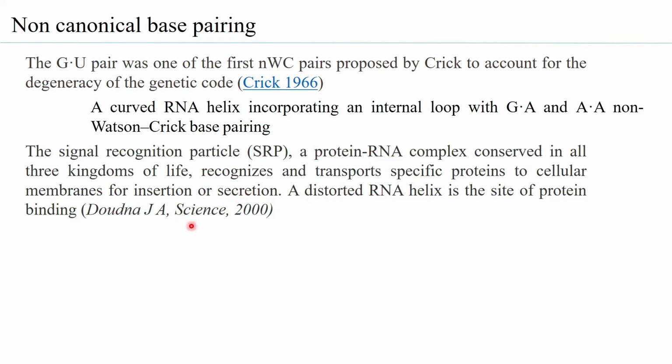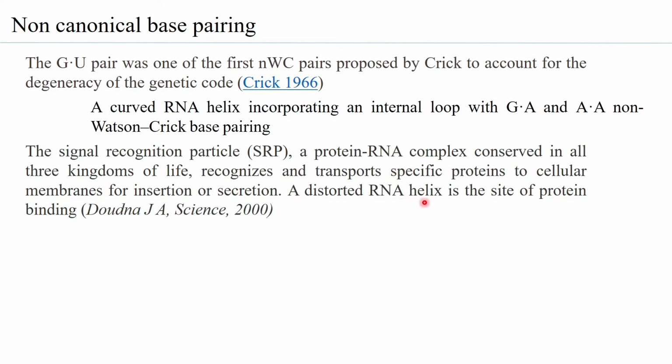The study was basically shown by Doudna et al., and she's the one who won the Nobel Prize recently. In the protein RNA complex that is formed, the RNA within its structure has a very specific bulge or a very specific internal loop that is responsible for the protein of the signal recognition particle to bind to the RNA.